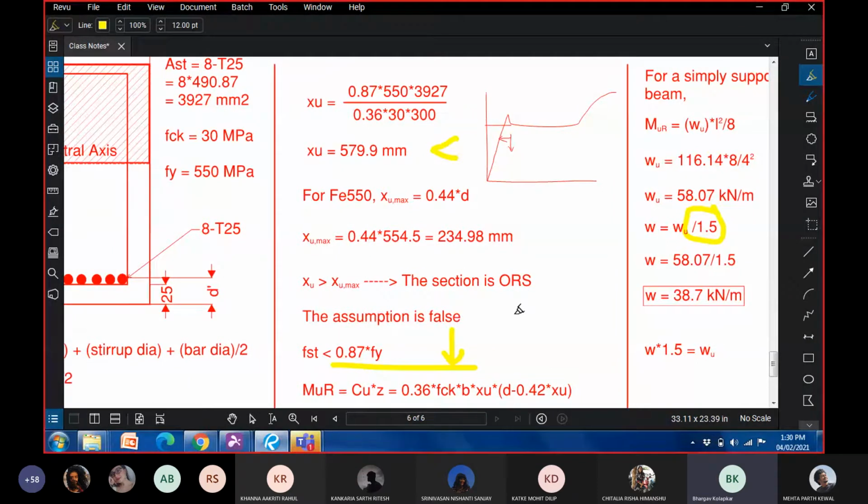Now we do not need to get into what strain compatibility is and how it is done. The brief of the procedure is what I already told you. We start with an assumed value of XU, then calculate all the terms and use the same equations to back calculate XU. If the first value and the last value match, the value of XU you started with is correct and you have got a solution.